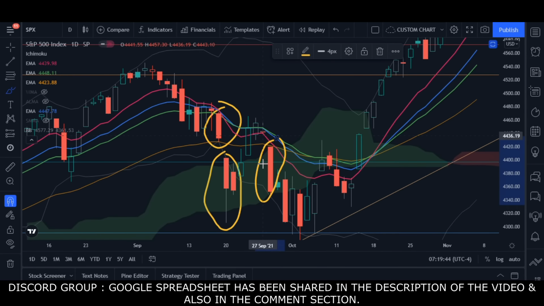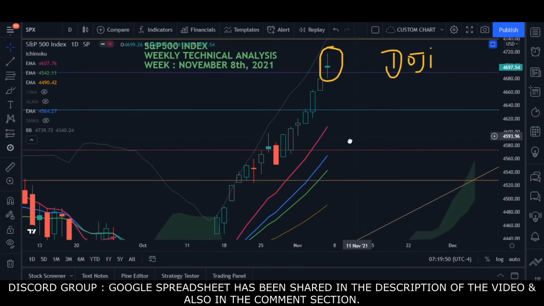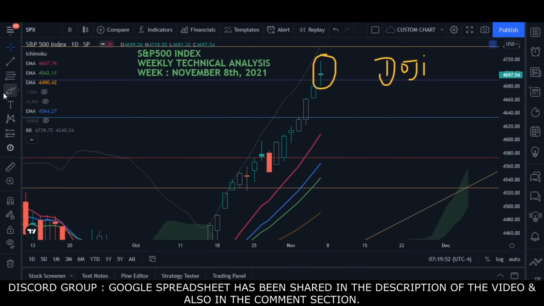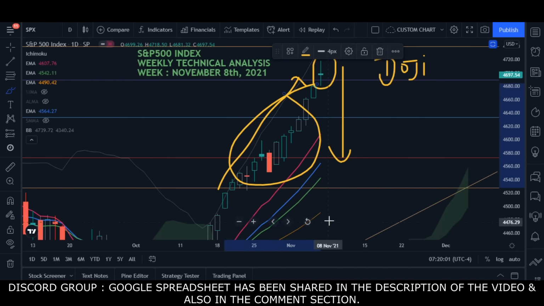Look, this may happen, and when this happens, all of the gains that the market made in the last all of these days, a single candle is enough to negate all of these gains of the bulls.